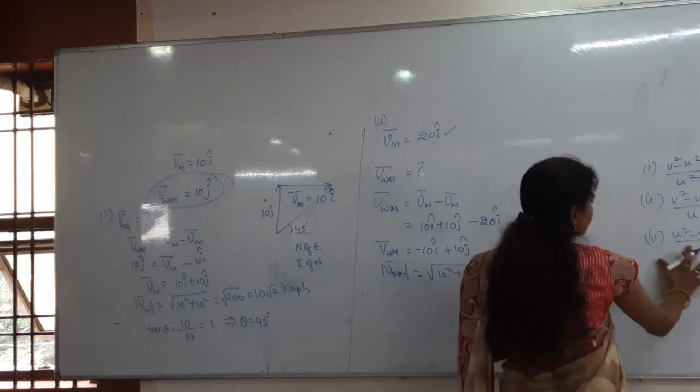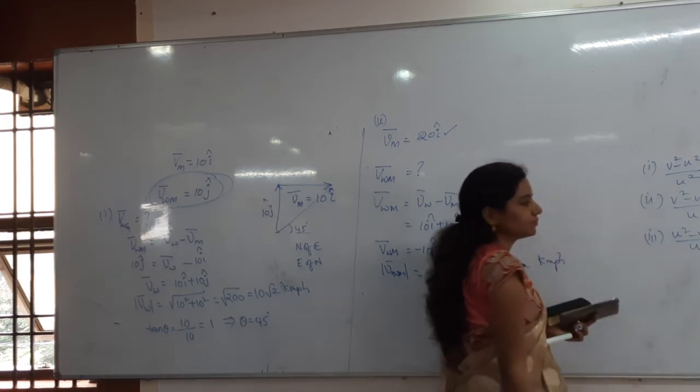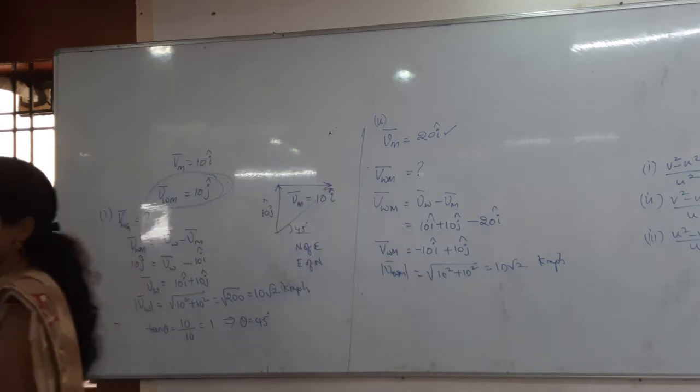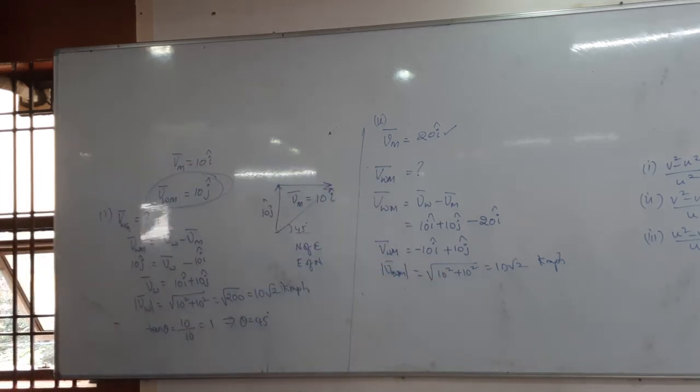Take the length of the train as L. It is moving to and fro, nothing but from back to front, front to back. How much distance it is covering totally? Going L, coming L. So how much distance? 2L. One time only, from here to here.